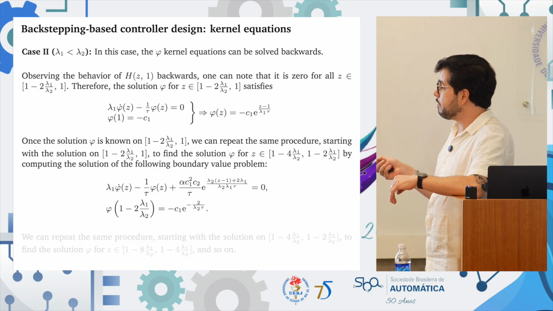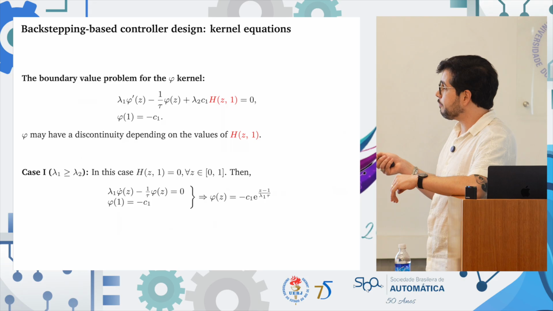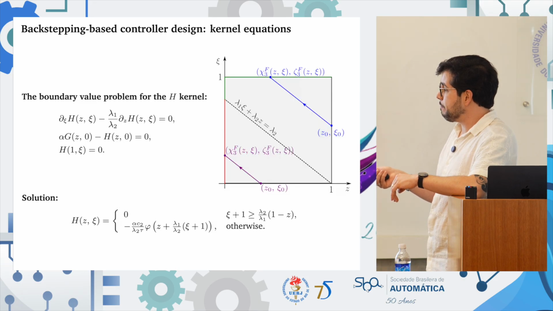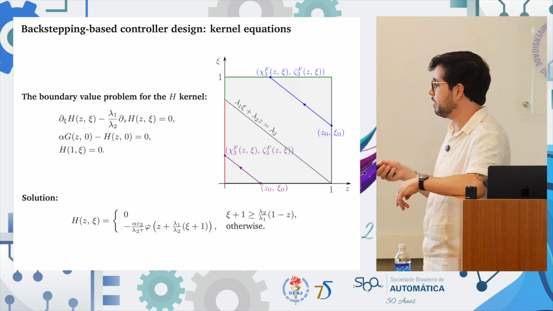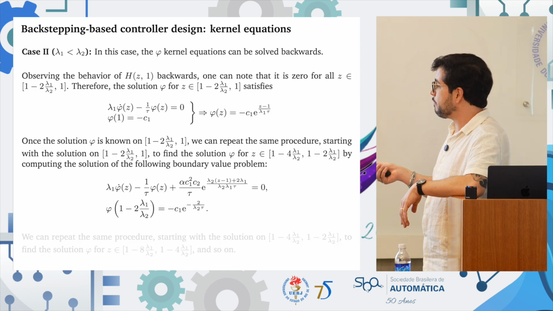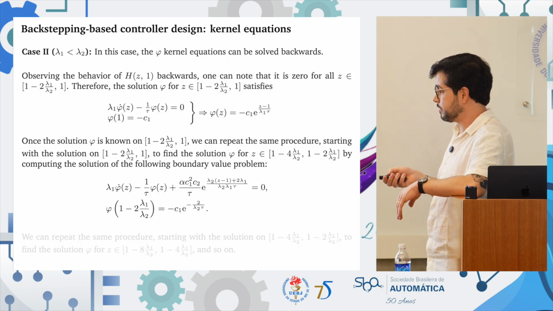In the next interval, we substitute the solution of H in the equation, but the solution of H depends on phi in the interval we already solved. So we can do this procedure in intervals of this size and find the solution of phi iteratively using this process.